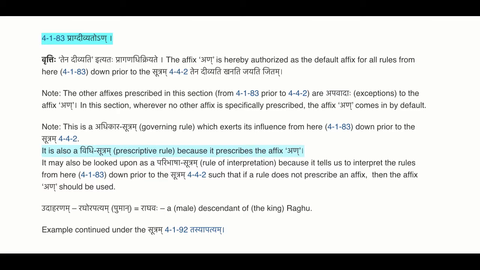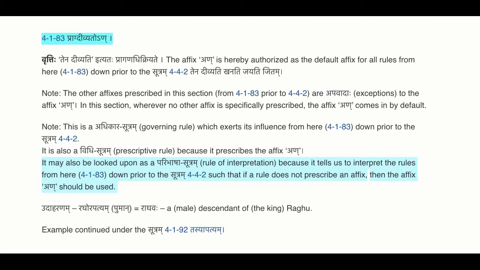So this is like a combination of an Adhikara Sutram and a Vidhi Sutram. Not only that, it may also be looked upon as a Paribhasha Sutram, a rule of interpretation, because it tells us to interpret the rules from here, that is 4.1.83, down prior to the Sutram 4.4.2, such that if a rule does not prescribe an affix, the affix an should be used as the default.